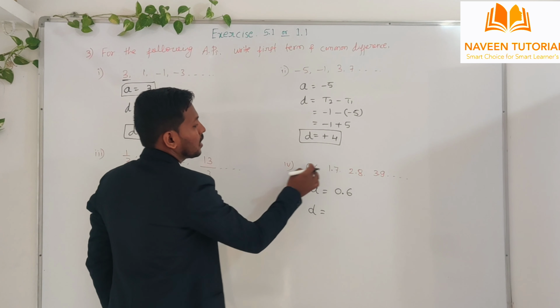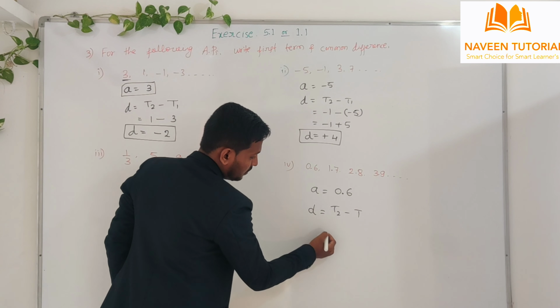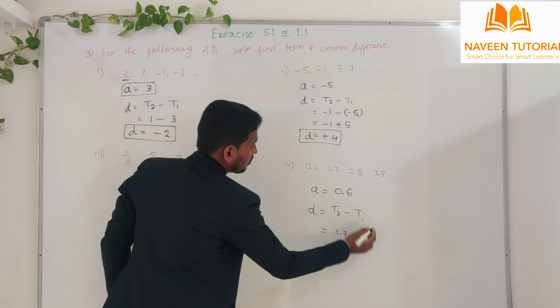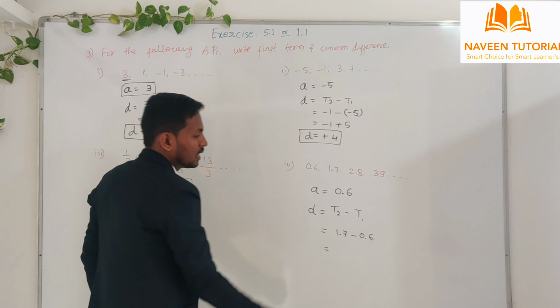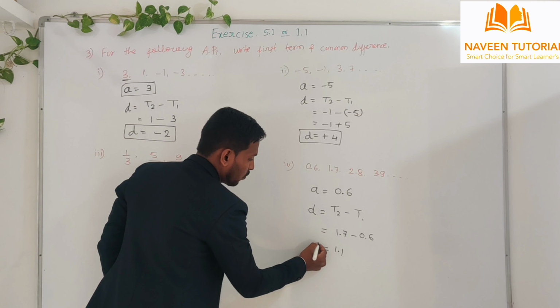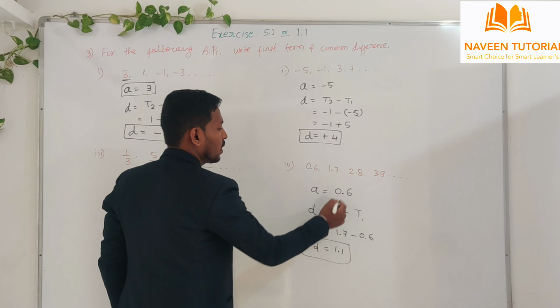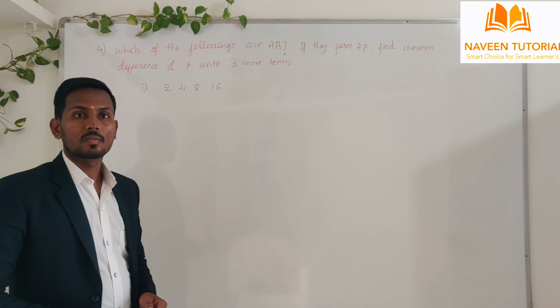D is equal to second term minus first term, that is T2 minus T1. T2 value is 1.7 minus T1 value 0.6, that is 1.1. Now the common difference value is 1.1 and the first term is 0.6.